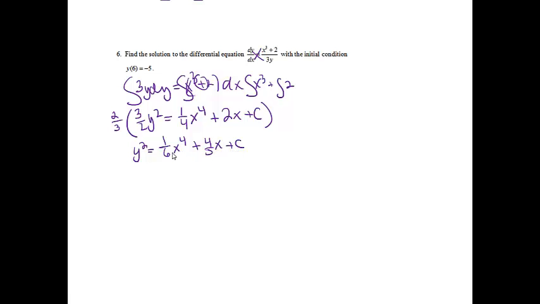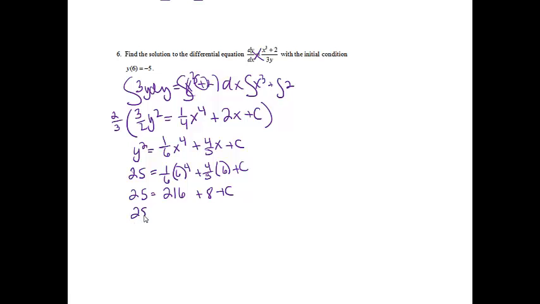Now before I try to get the y by itself, I am going to go ahead and use my initial condition to find c. So since y is negative 5, squared would be 25, and that equals 1/6 times 6 to the 4th plus 4/3 times 6 plus c. So I'd have 25 equals, if I have 6 to the 4th over 6, that's going to give me 6 to the 3rd, which is 216, plus 3 goes into 6 two times, 4 times 2 is 8, plus c.